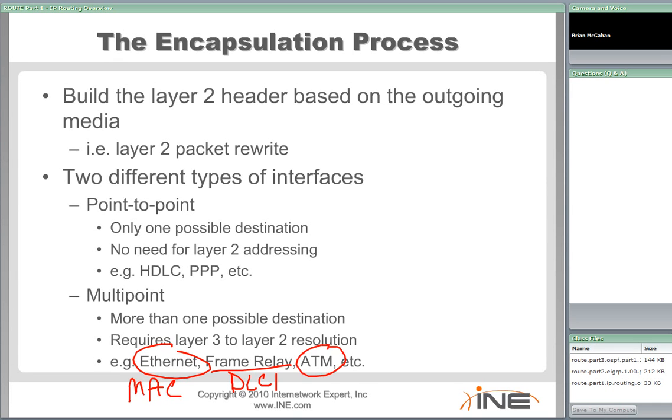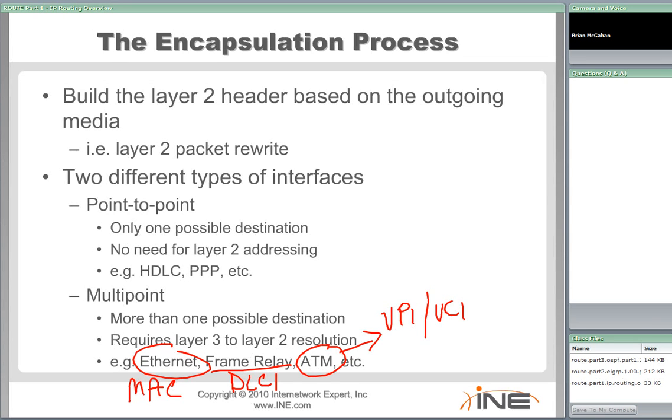For ATM, what is the virtual path identifier and the virtual channel identifier, the VPI, VCI values. So in all three of these cases, we're basically trying to figure out, based on the layer 3 destination, so based on the IP destination, what is the layer 2 address that we need to put in the layer 2 frame.